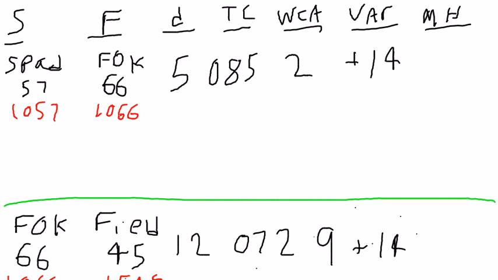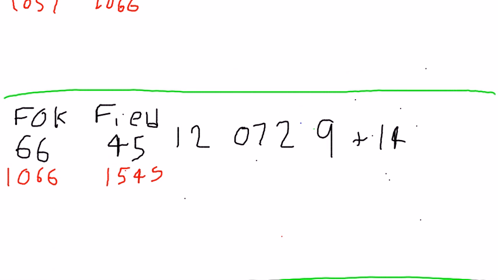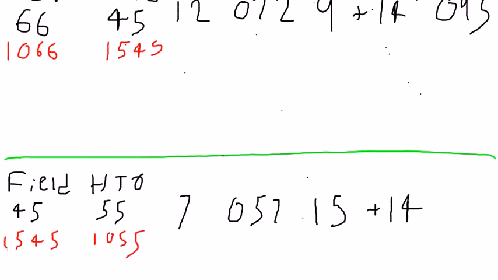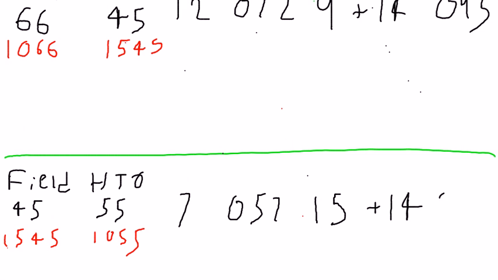So you'll be adding the true course, wind correction angle, and the variation. Of course, if you get a negative variation, meaning east, you would subtract that. So anyway, we can do that. We get 101 here for that leg, 095, and 086.